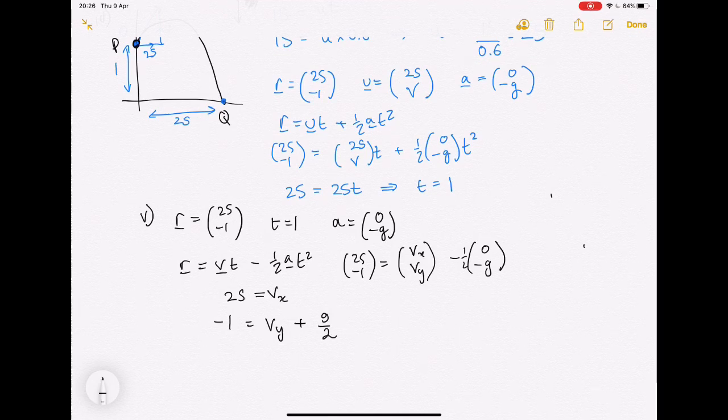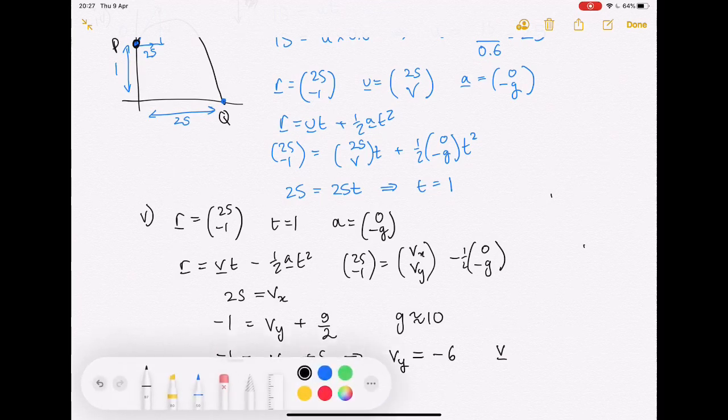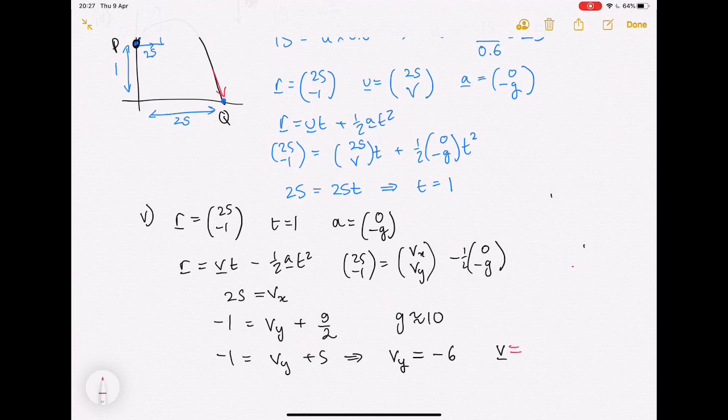Well, what do we want to find? We can solve this here. We're using g as approximately 10, so minus 1 equals Vy plus 5, which gives us Vy equals minus 6. So we know the velocity with which this hits the ground, so that is this vector here, 25 minus 6.